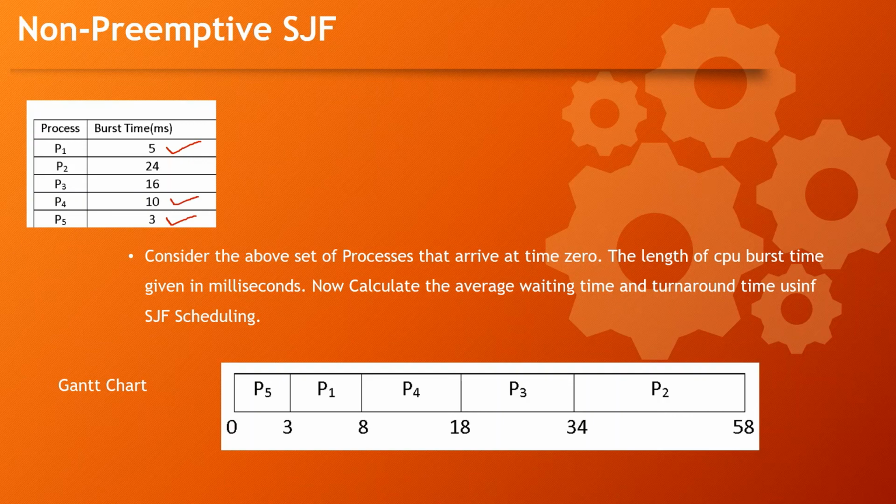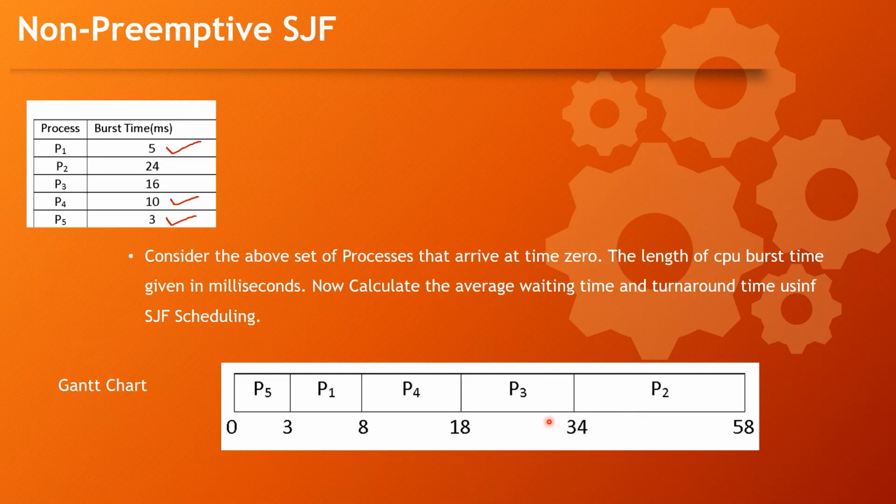Now I am left with P2 and P3. P2 with 24, P3 with 16. So obviously I am going to pick P3. P3 starts at the 18 millisecond, 18 plus 16 is 34. At the 34 millisecond, P3 completes its execution.